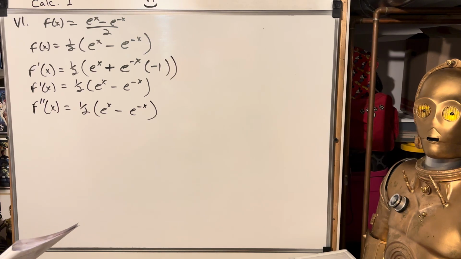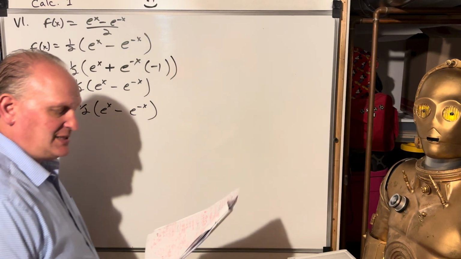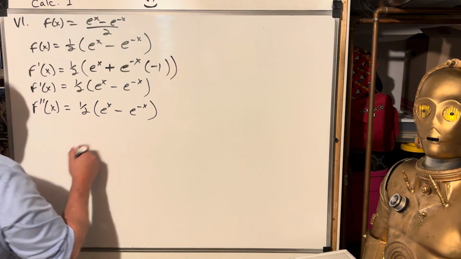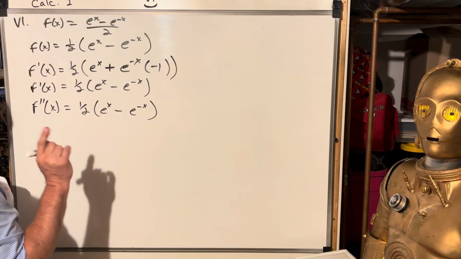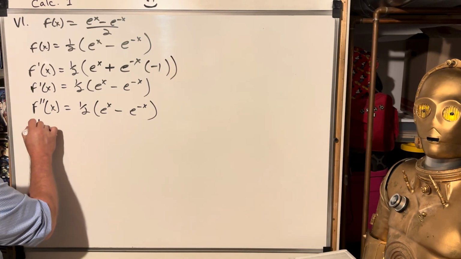All right. So now let me see what we're going to do to think about critical numbers. There's a couple of ways to go at this. You can factor out an e to the negative x, but I think that's actually more confusing than this.